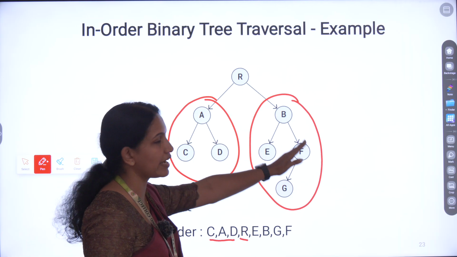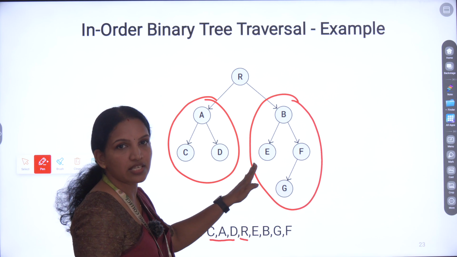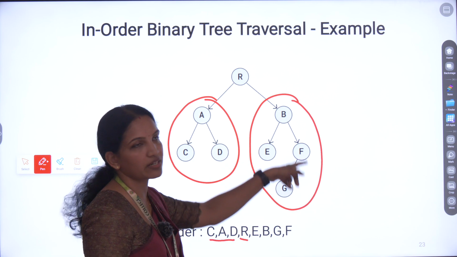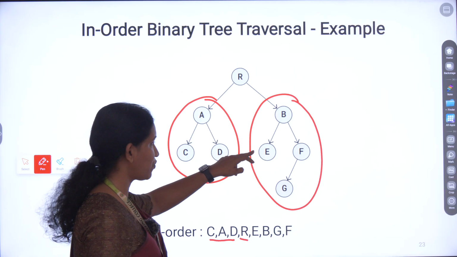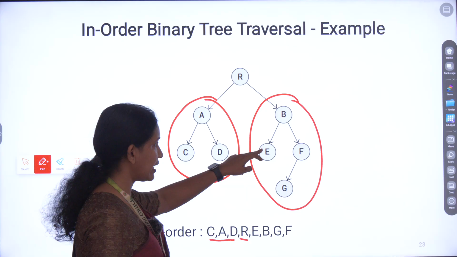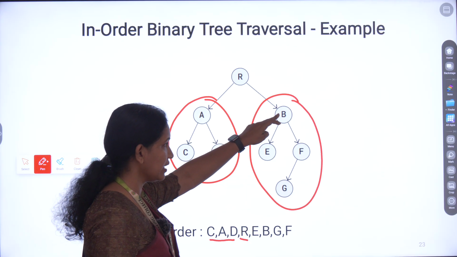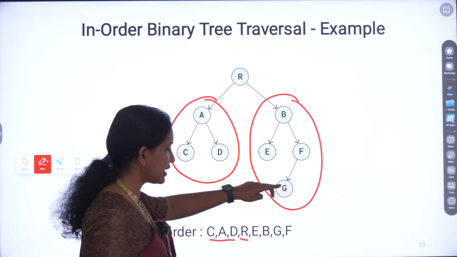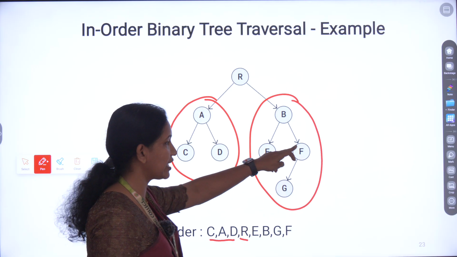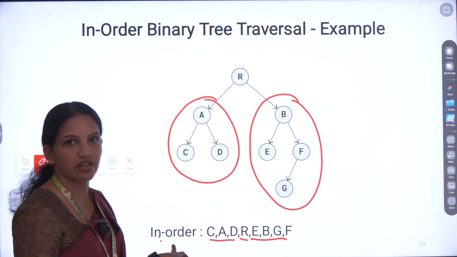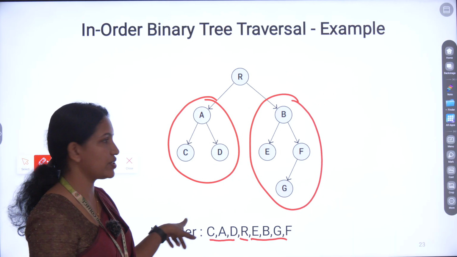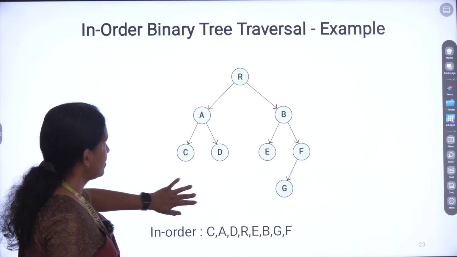Now we will move on to the right subtree and we will do the recursive in-order traversal of the right subtree. Okay, so it starts with the left node again. So first it will visit E, then it will go to its root node B, then it will go this way and again left G and finally its root node F. So this is the complete in-order traversal of this particular tree.